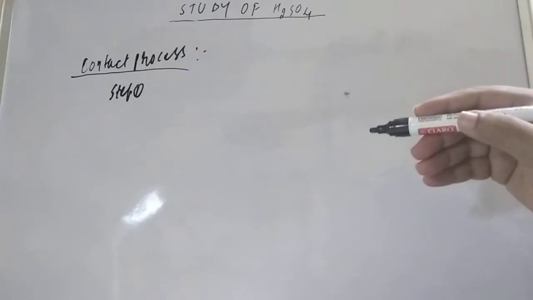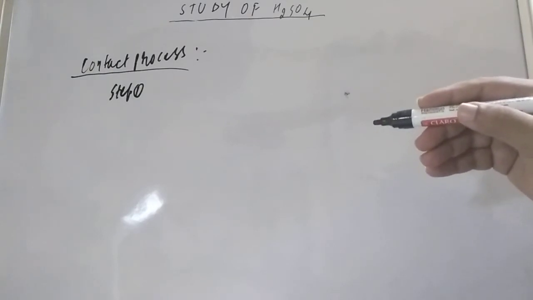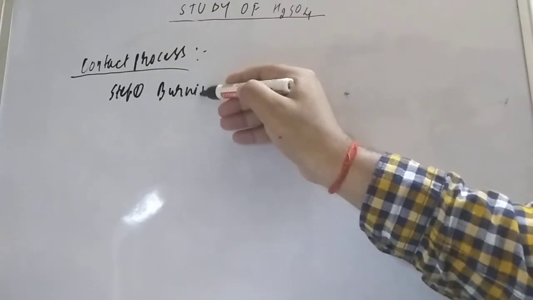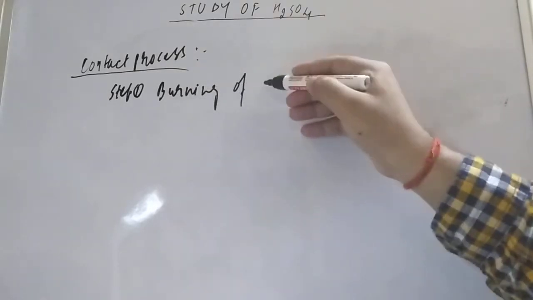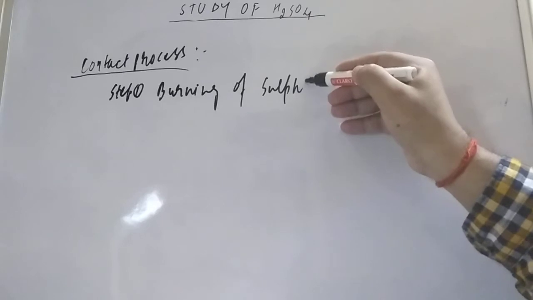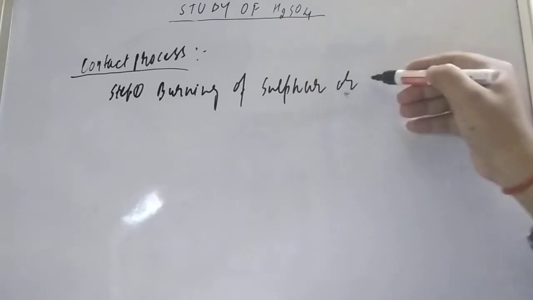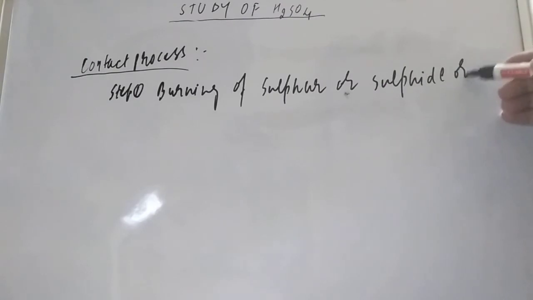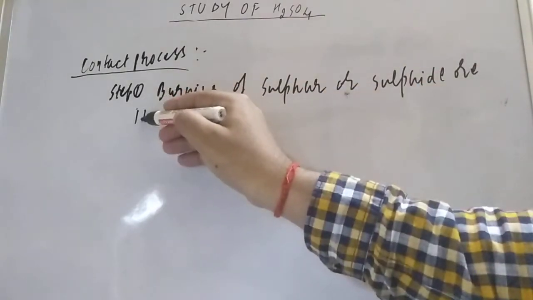Step number one is burning of sulfur or sulfide ore in air.